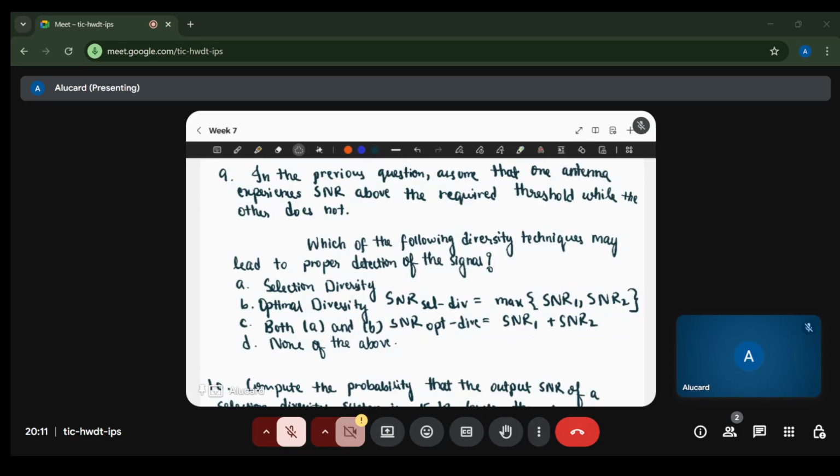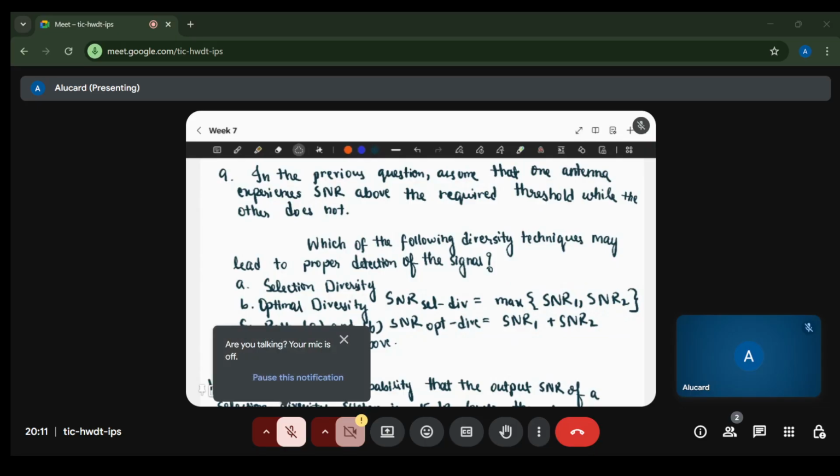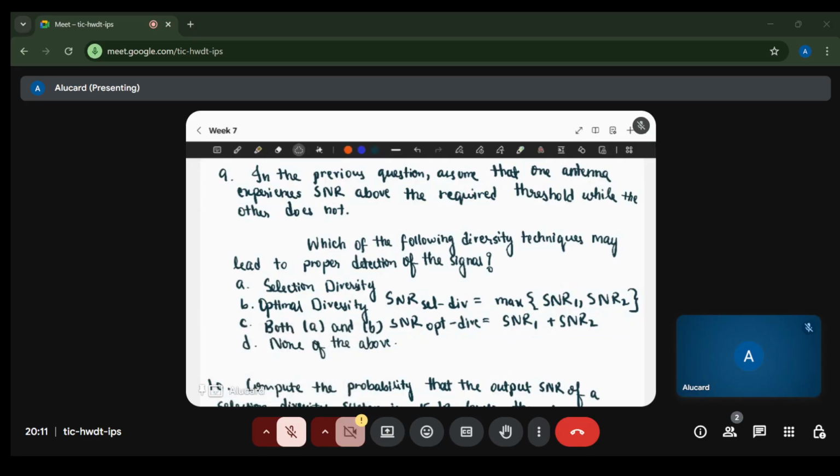If SNR2 is also above the threshold value, then regardless of which one is the maximum, both are above the threshold and the signal is properly detected. If SNR2 is below the threshold value, then the max among the two will be the first one. So SNR1 will be your resultant SNR, which is above the threshold, so the signal will be detected. So either way, the signal will be detected.